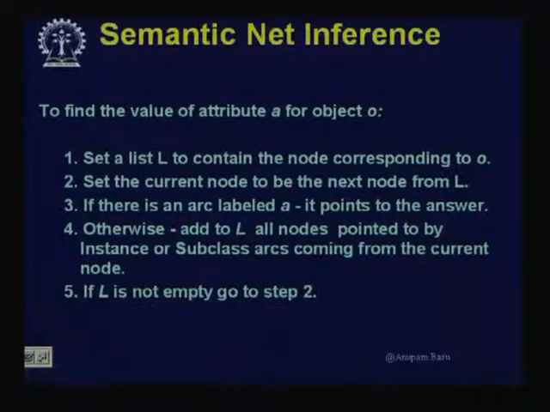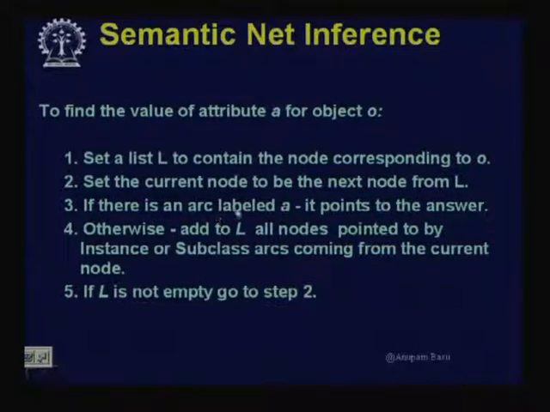Therefore, in this case we are setting a list L to contain the node corresponding to O. So, we are setting a list, a linked list sort of, which contains the node corresponding to the object O, and we are setting the current node to be the next node from L, because we have to traverse that overall link.